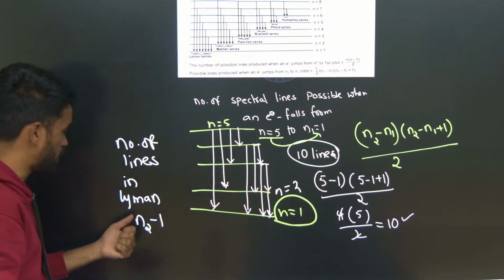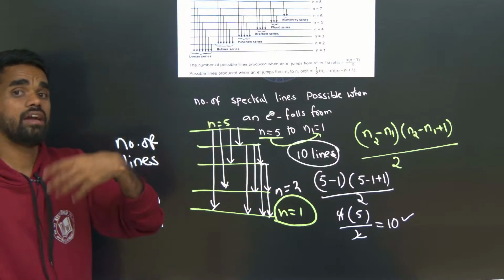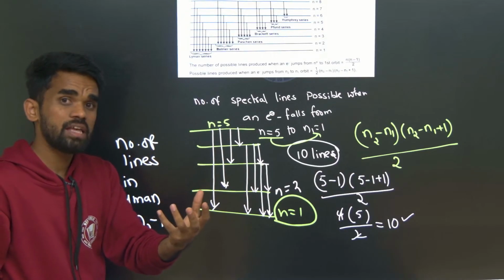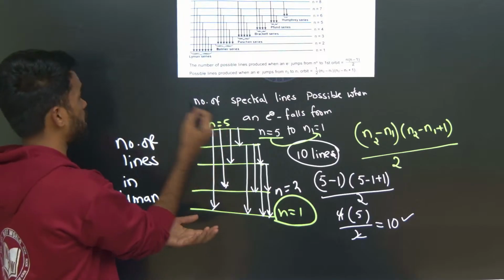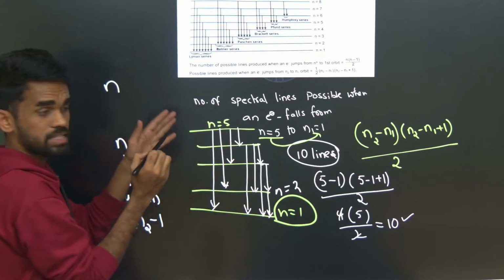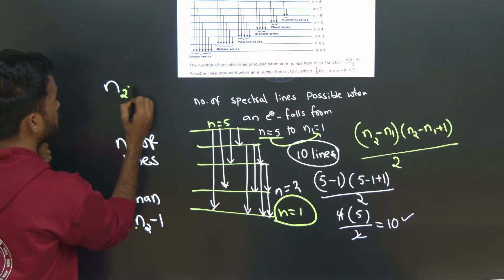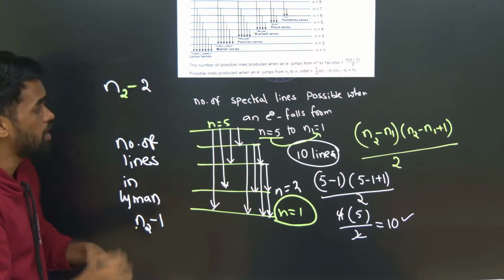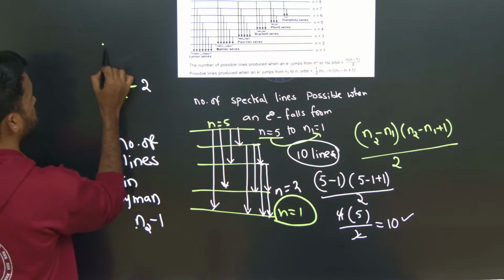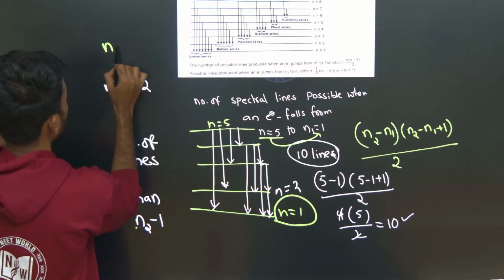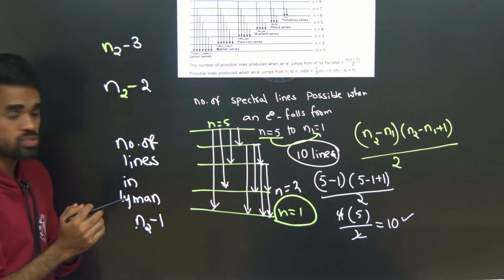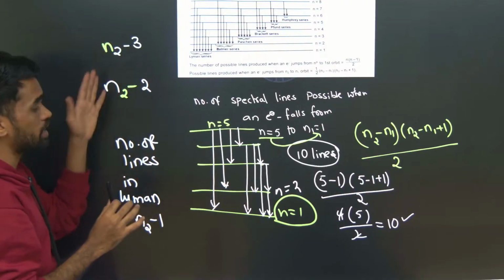Next, if they ask for the Balmer series, n2 here is 5, so n2 minus 2, because it is the Balmer series. Like that, if they ask for Paschen, that is the third energy level, n2 minus 3. Like this you can check and get the exact answer.